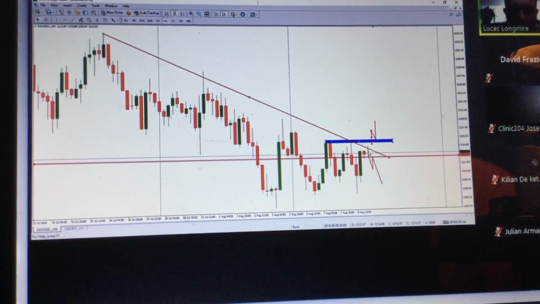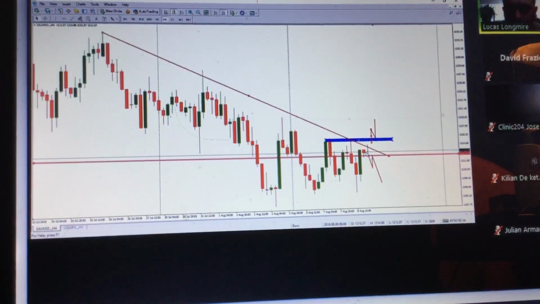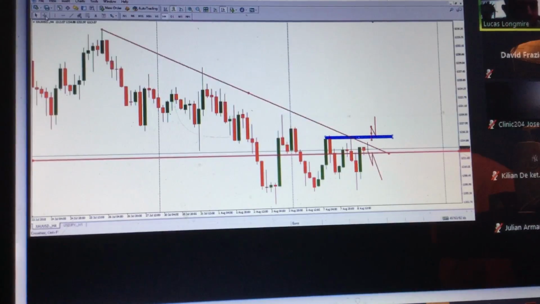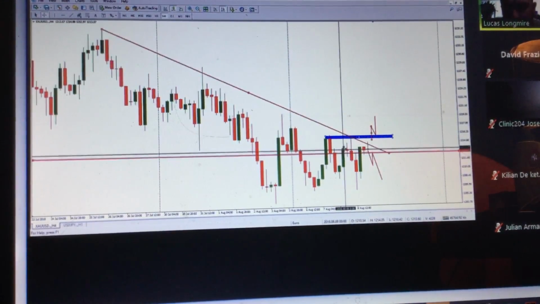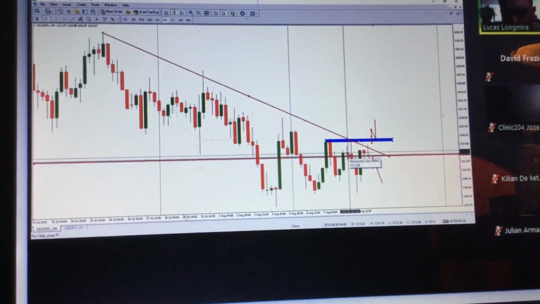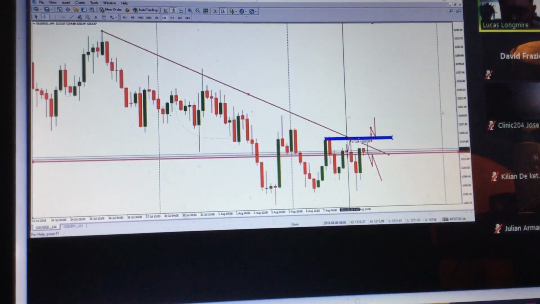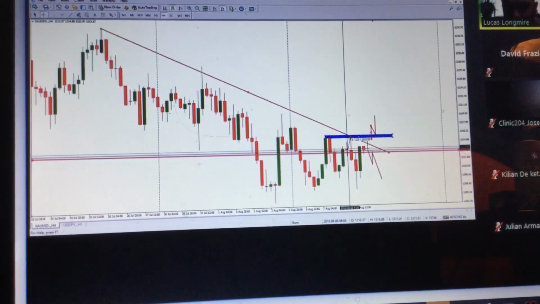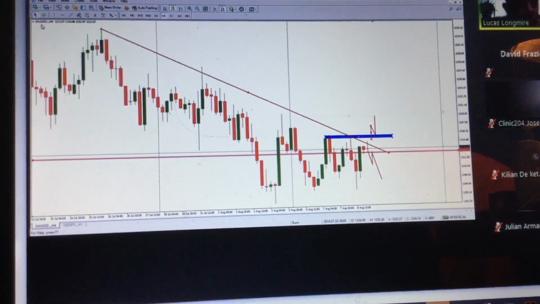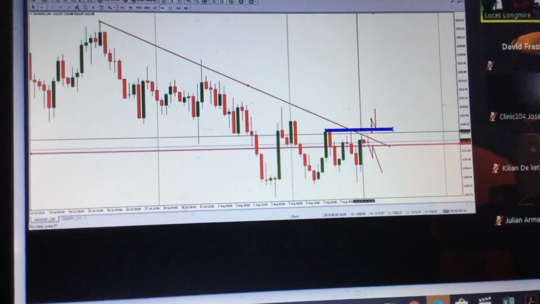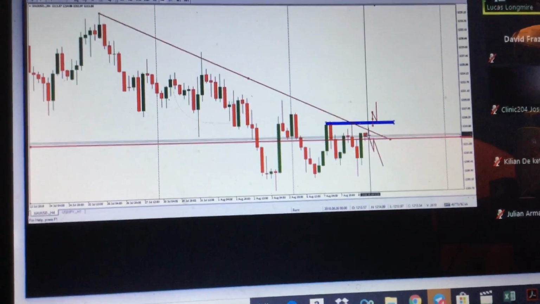So two things, right? If this breaks here, this is a doji, just like here. What did price do here? It broke, it retests, and even though it closed way down here, it still came up here and hit that zone. See what I'm saying? So this is a key level where it could break, retest, right?